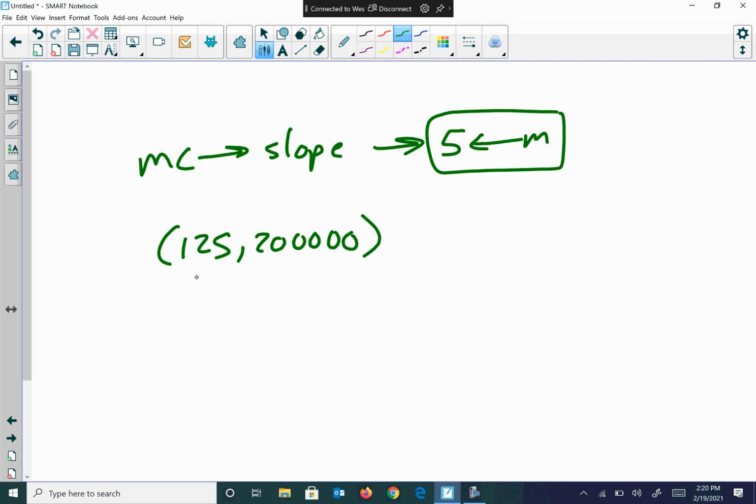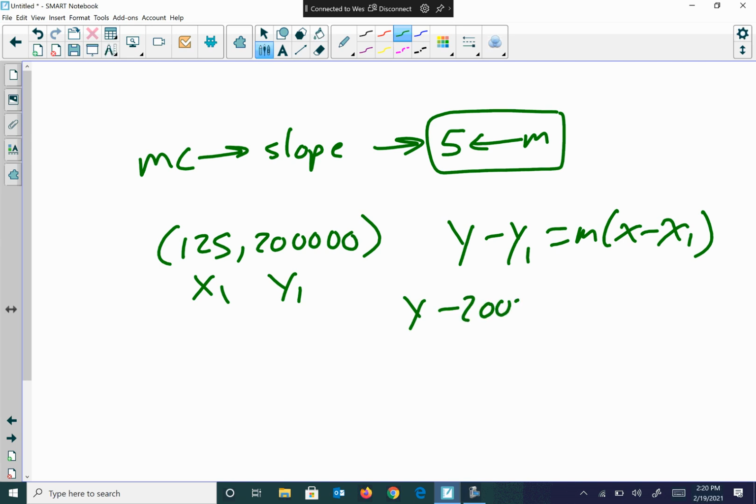So you're going to make a linear equation. So that's x1, y1. We have our slope. So you can just go back to your slope equation from algebra 1, or your point slope equation. y minus 200,000 equals 5 times x minus 125. And you could make this a pretty simple linear equation.